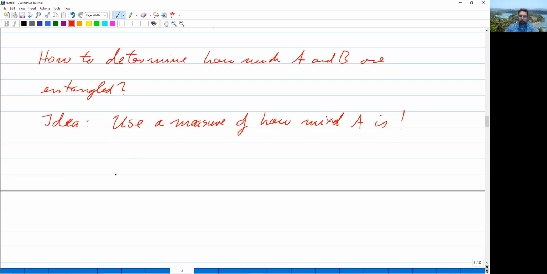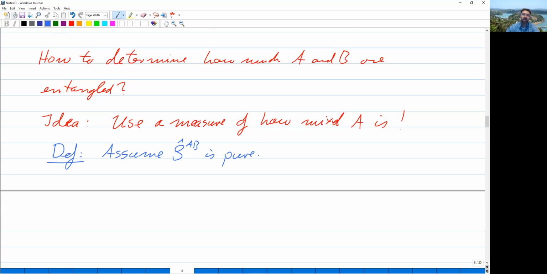So we use the following definition. Assume rho hat AB is pure, right? Remember, we always make that assumption.